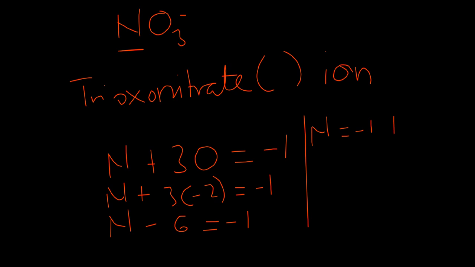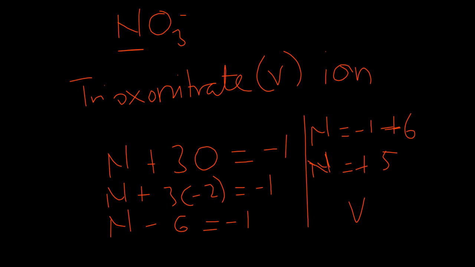So that will give us nitrogen to be +5. So the oxidation number of nitrogen in this ion will be 5. So that will be V. We'll put V here. So the name of this oxo-anion will be trioxonitrate(V) ion. As simple as that. Maybe you need to try the last example.